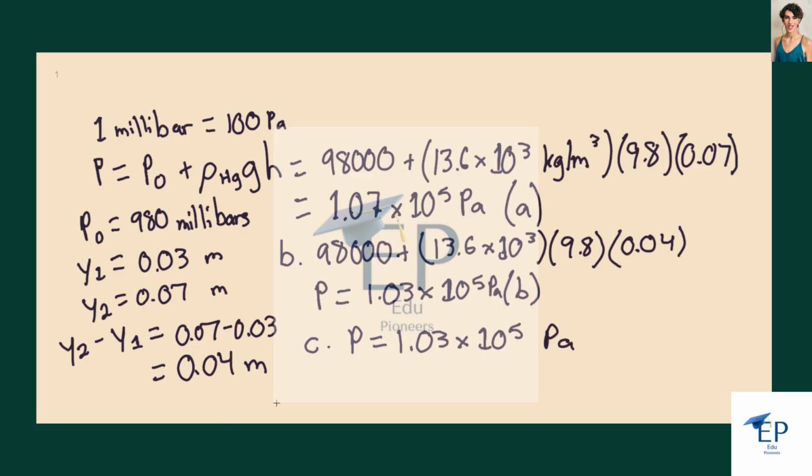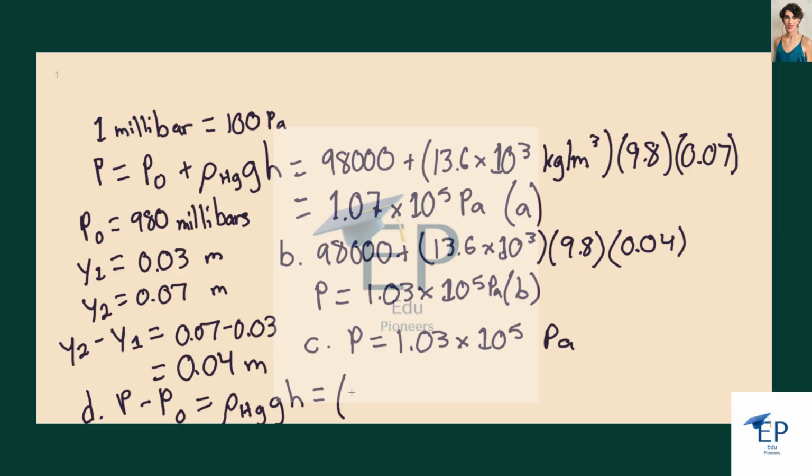Now, D is slightly different in the sense that they want the gauge pressure. So the gauge pressure is actually defined as the hydrostatic pressure minus the atmospheric pressure of 980 millibars. And this is simply going to be equal to the density of mercury times the acceleration due to gravity times the height. Here, the height is again y sub 2 minus y sub 1, 0.04 meters.